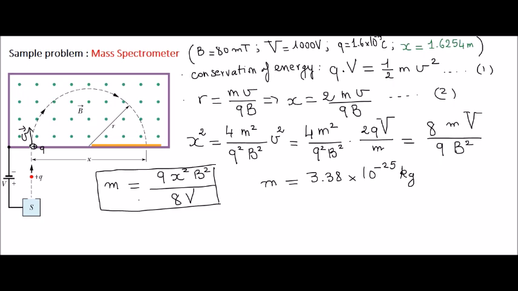Actually, in the mass spectrometer, what we use practically is the mass over charge ratio, which is equal to x squared B squared over 8V. So if I have a different mass, what will happen? If you look at the equation, r equals mv over qB.